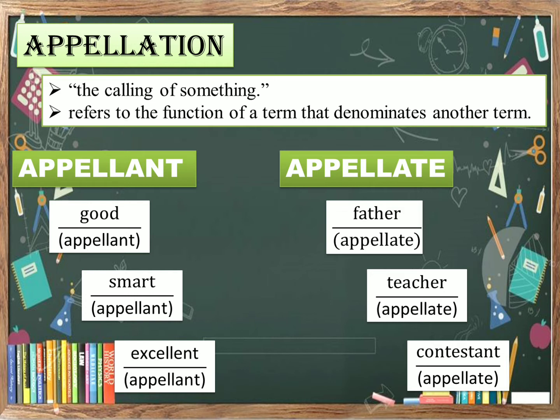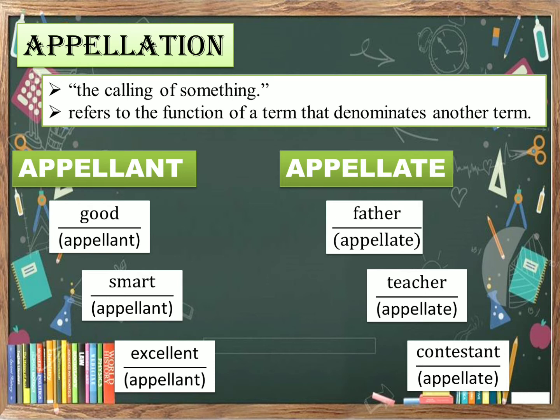There are two terms that govern appellation, namely the appellant and the appellate. The term appellant pertains to the denominating term, while the term appellate pertains to the denominated term. So, when you connect it to English grammar, appellant is the adjective and the appellate is the noun.